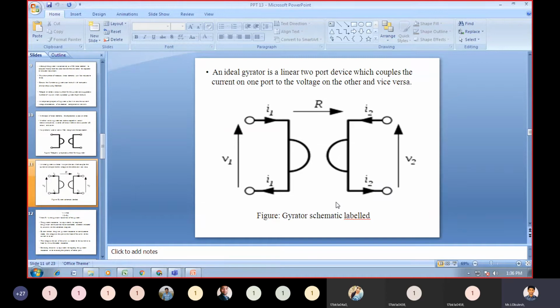An ideal gyrator is a linear two-port device which couples the current on one port to the voltage on the other port and vice versa. Just see the diagram.